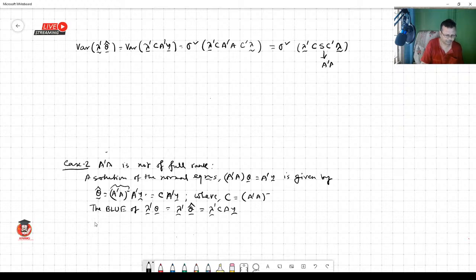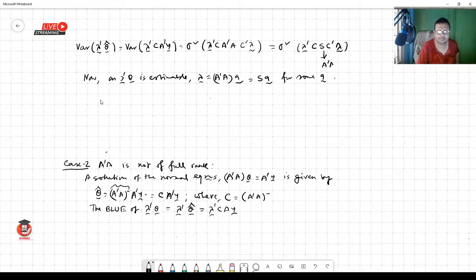Now as lambda curl prime theta curl is estimable, then lambda curl equal to A prime A Q curl. So this is equal to S Q curl for some Q curl.